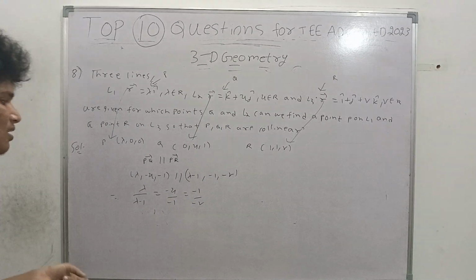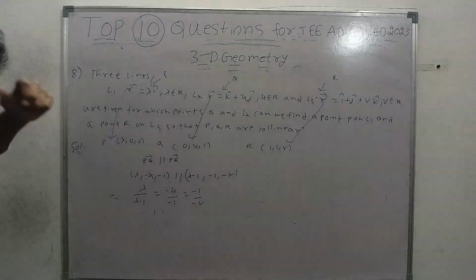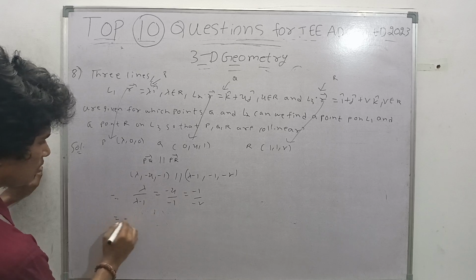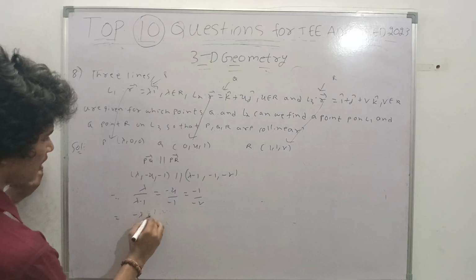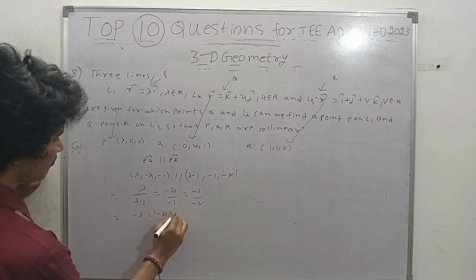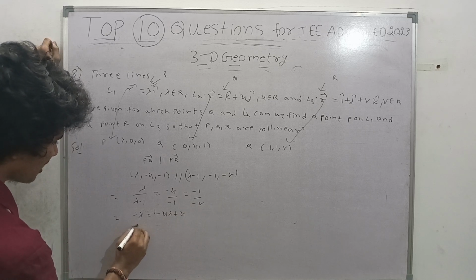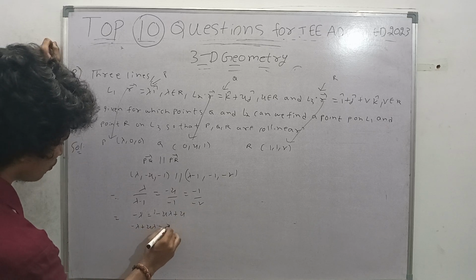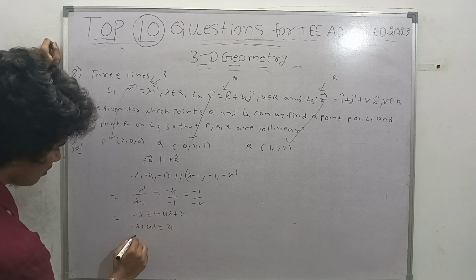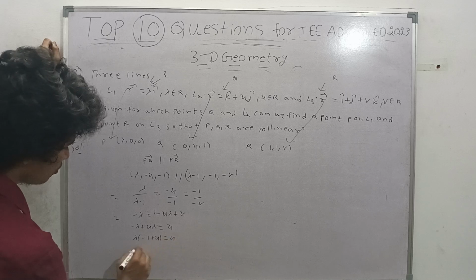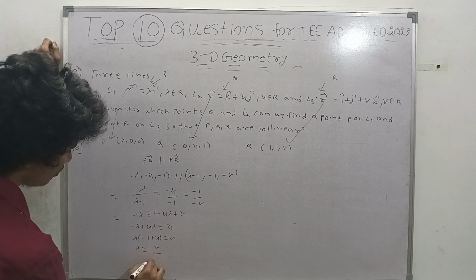So I can equate these two. Minus gamma equal to minus nu lambda plus nu. I can take common, minus lambda plus nu lambda equal to nu. If you take lambda common, minus 1 plus nu equal to nu. So lambda equal to nu divided by nu minus 1.